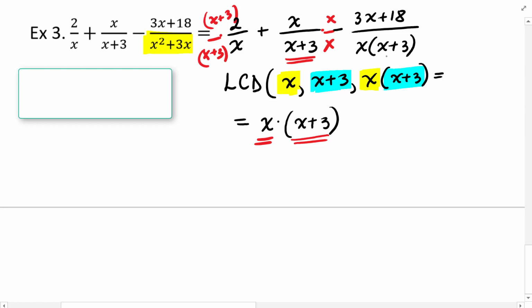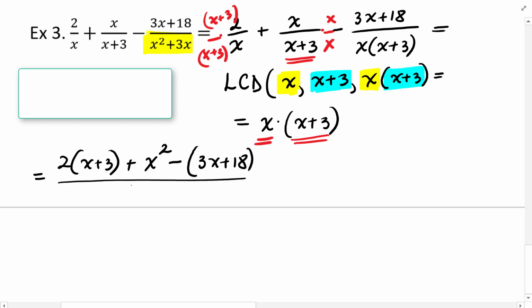And then the last one already has x times x plus 3, so I don't have to make any changes. So this becomes 2 times x plus 3 plus x times x, which is x squared, minus the quantity 3x plus 18, everything over x times x plus 3, because now the denominator is the same.